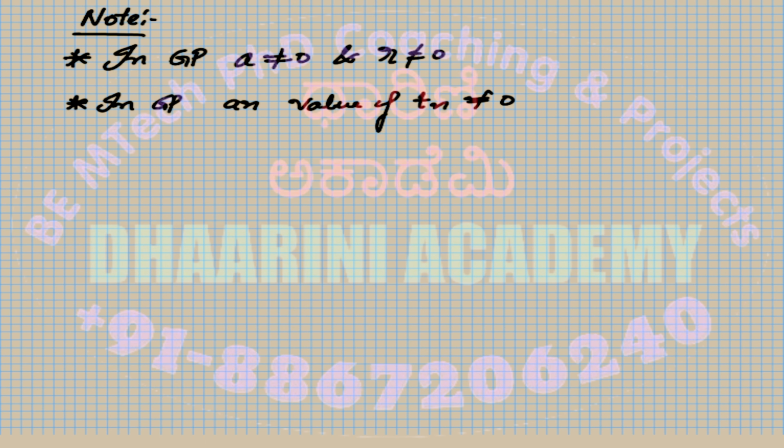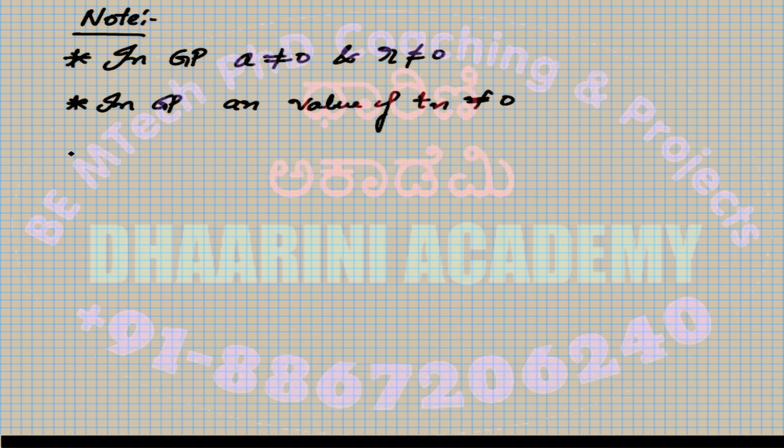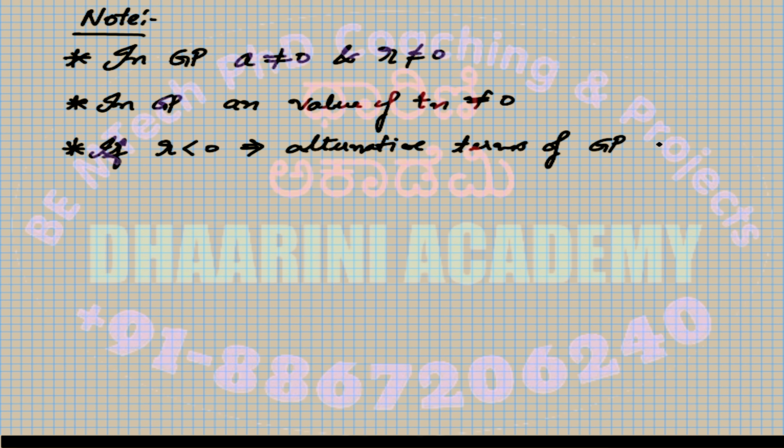Then the common ratio is negative, right? So this is the conclusion. If R is less than 0, this implies the alternative terms of the GP are positive and negative.